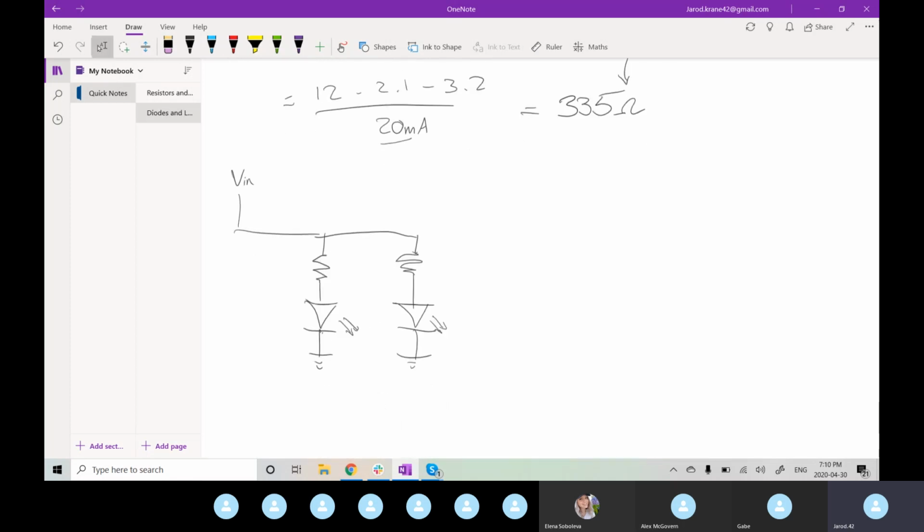You wouldn't want to just put one resistor at the beginning and then nothing through. If you're putting them in parallel, you want to limit the current on each path, so you would place a resistor in line on each one.